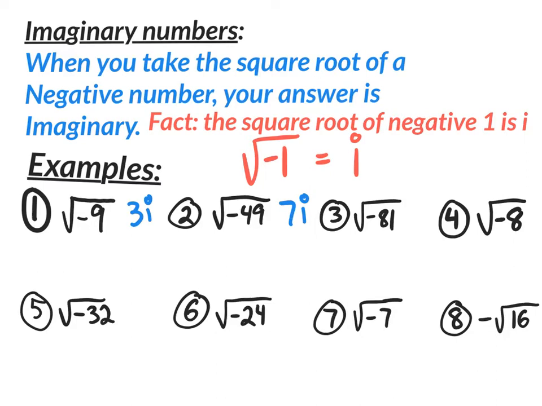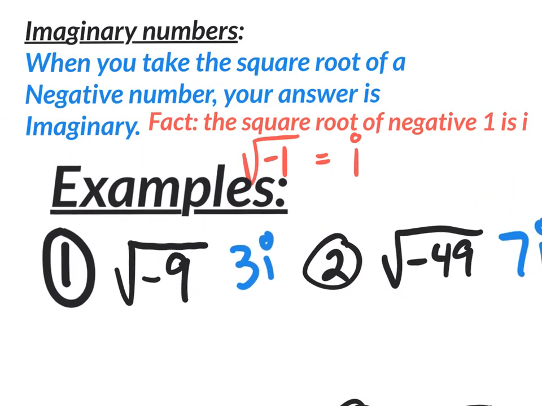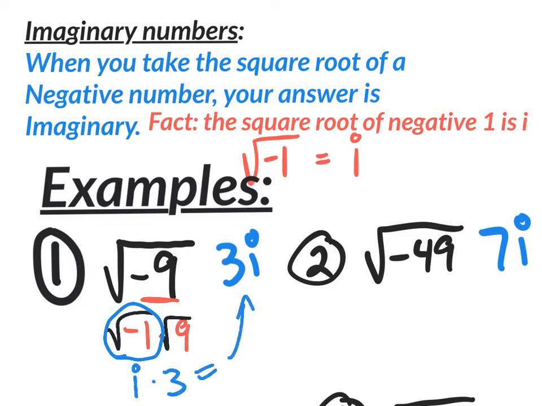So let me zoom in and actually write the explanation for number 1 right here. What you're supposed to do, at least a couple of times, is rewrite -9 as -1 times 9, and then you could split the root. The square root of -1 is really i, and the square root of 9 is really 3, so the answer is 3i.